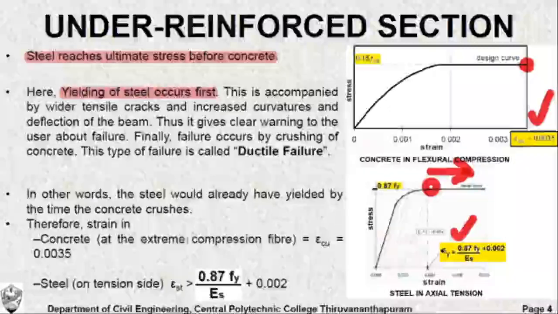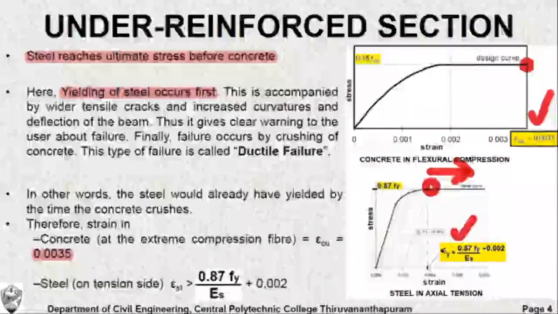So that is what is explained here. While concrete reaches the ultimate compressive strain of 0.0035, the steel has already yielded and the strain in steel must have exceeded 0.87 Fy by Es plus 0.002.